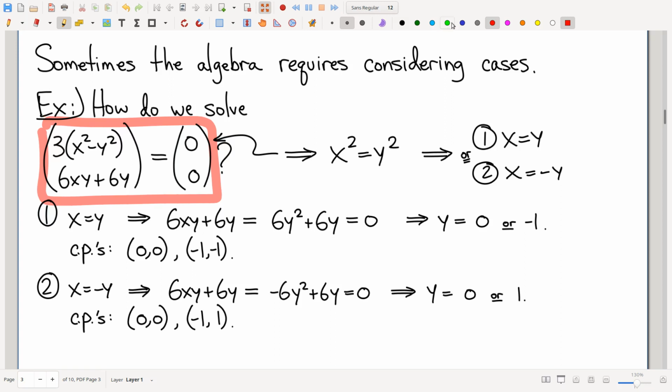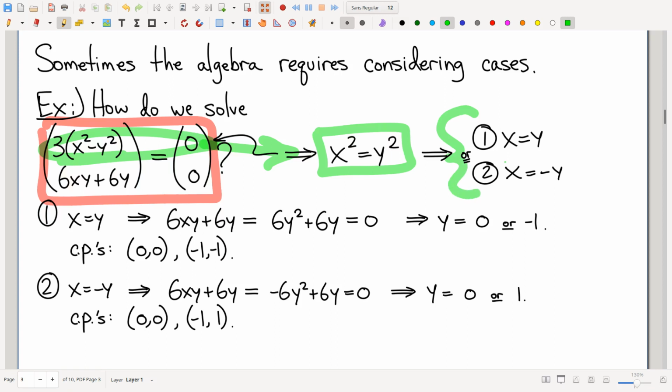You look at this first equation right here, and that pretty immediately tells you x squared is y squared. But there are two different ways that x squared can equal y squared. It could be either one of these. Now, a lot of high schools will let you get away with being extremely sloppy on this and just canceling the squares.